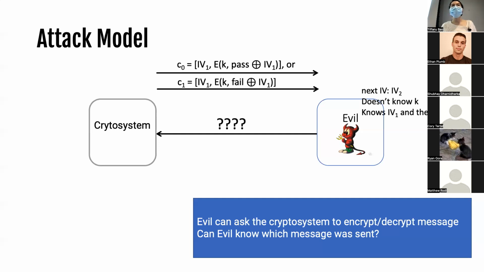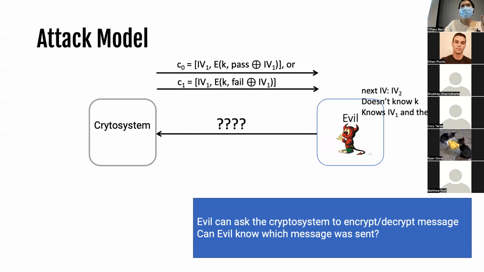Does everyone understand the current question? Yes? No? I saw someone nodding their head. Okay, then I will give you some minutes to think about how you can crack it. A hint here is that, since Evil wants to recover the previous message, the well-crafted message is probably going to be something related to IV1, right?